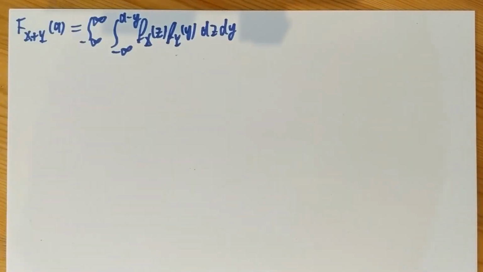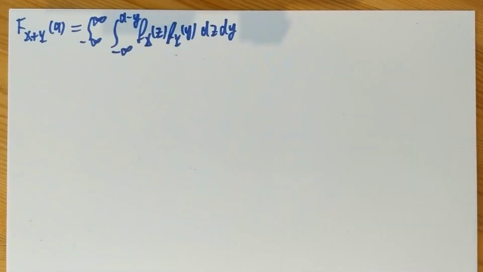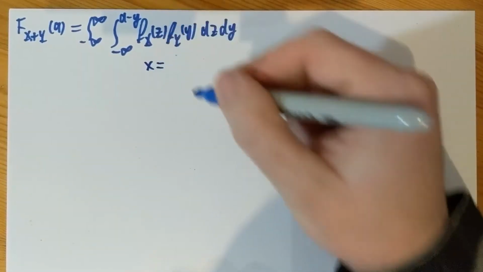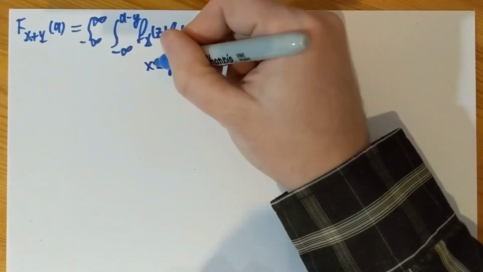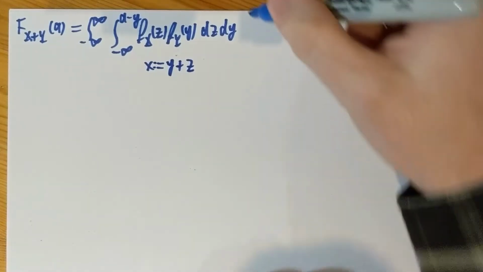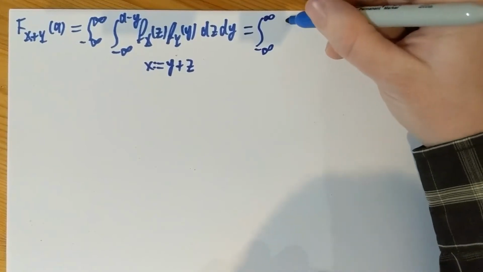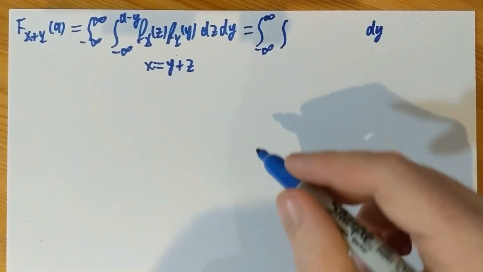Now what I want to do is change variables. I don't like this a minus y here. I want to have a there, so I'm going to change variables. The reason I rewrote everything to z is that I want to use x for something slightly different. I want to introduce a new integration variable for the inner integral as y plus z. So I'm not touching the outer integration, but in the inner one, I want to change to y plus z.